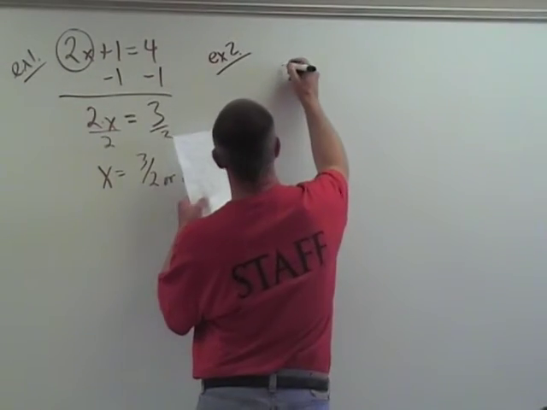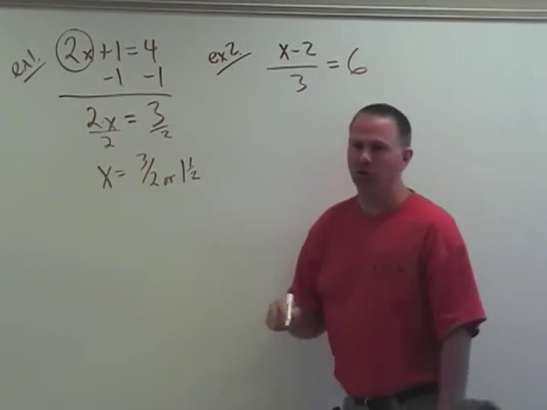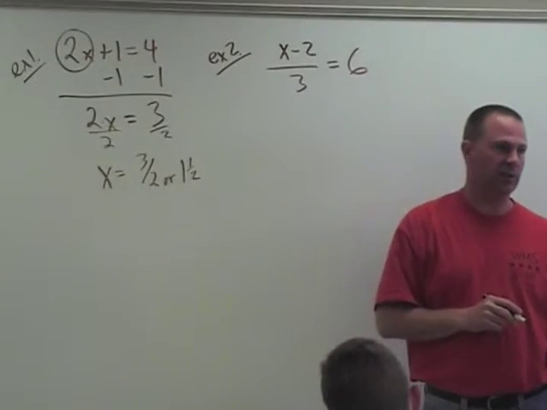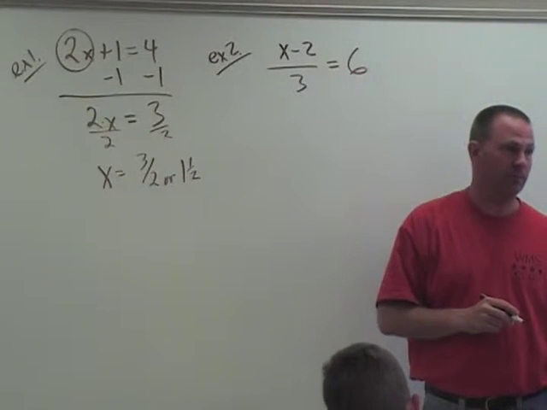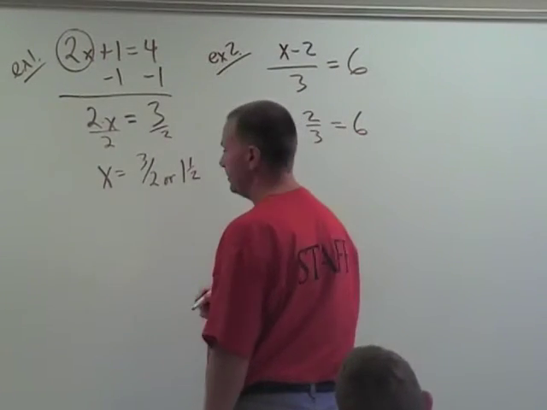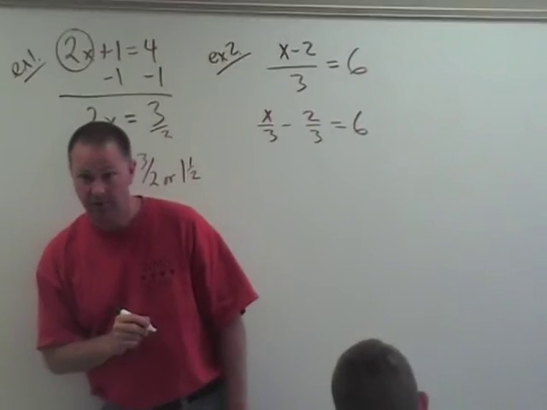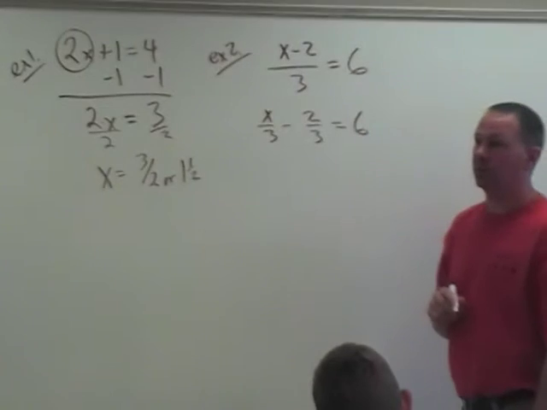Now, example 2 is x minus 2 over 3 equals 6. I told you the book likes to put fractions together that have common denominators. We're going to split it apart for a good reason. This is really x over 3 minus 2 over 3, isn't it? Yes, it is. You need to be able to manipulate your fractions like this.